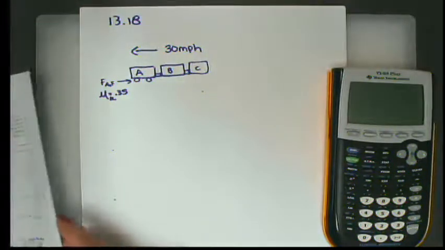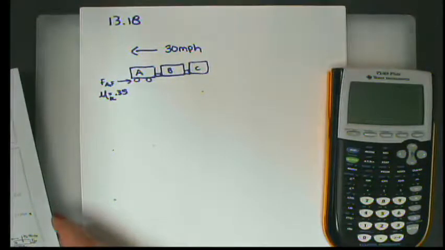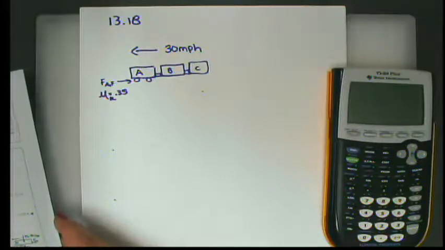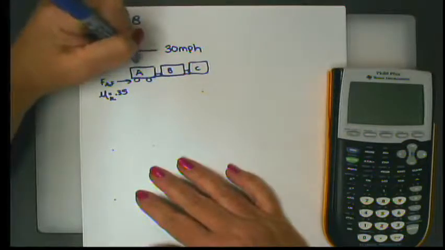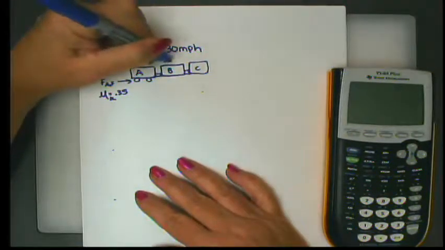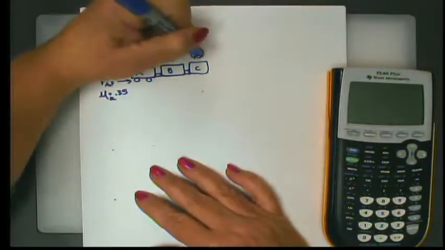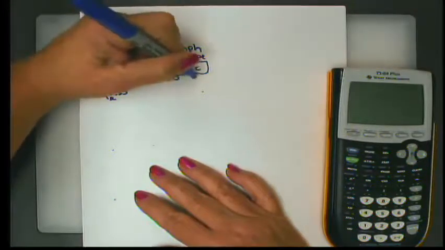We're also told that car A weighs 40 tons, and B is 50, and C is 40. Even though we don't have friction, we still have wheels, right?